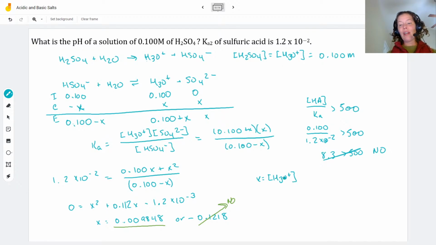But we need to be very careful here, because your concentration of hydronium, if you go back to your ICE table, is 0.1 plus X. It's not just X. We get used to just using X and plugging into our pH equation, but remember, it is 0.1 plus X. So this is 0.100 plus 0.009848.